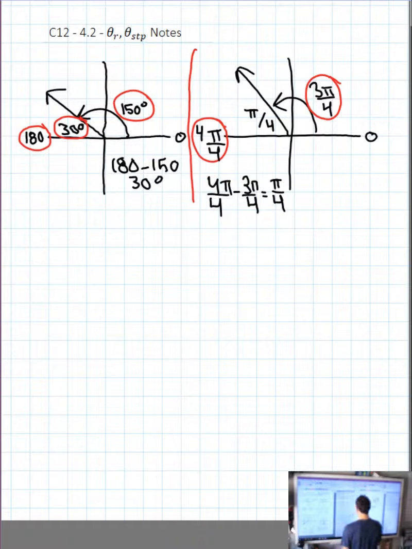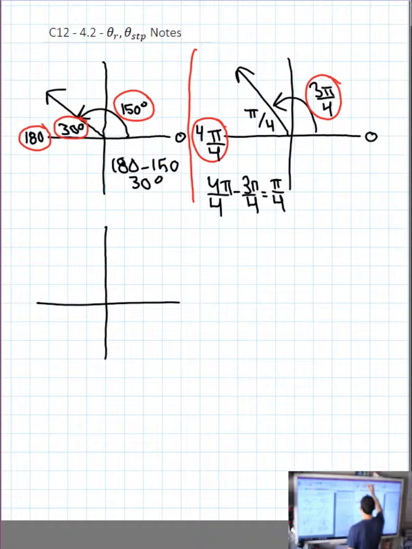Let's do another one. Now we're going to be getting more comfortable with radians. So let's start by marking 0 and pi. Now this question is asking for 6 pi over 5. So where is 6 pi over 5?